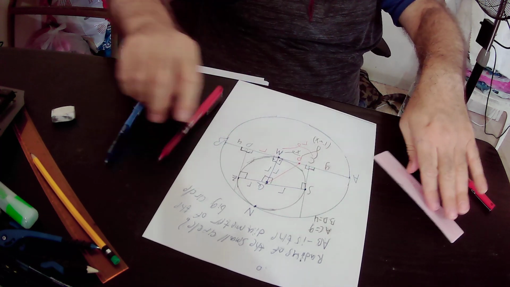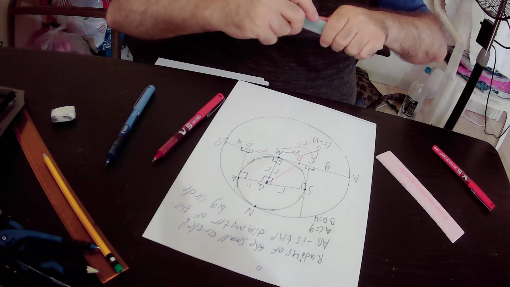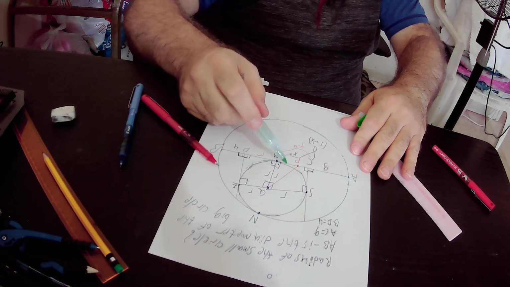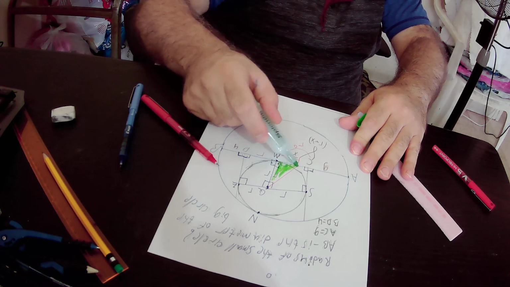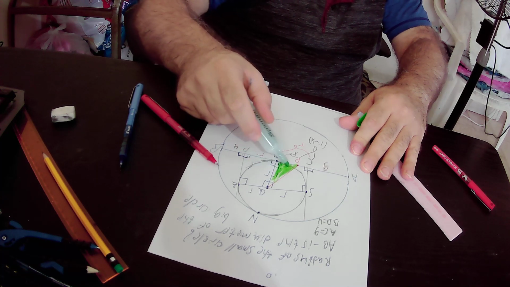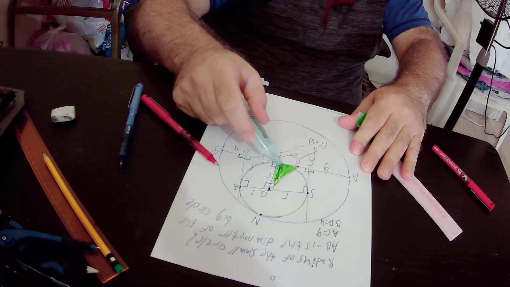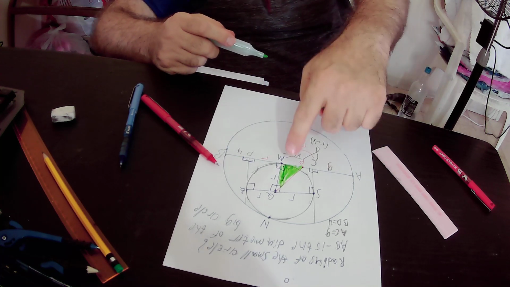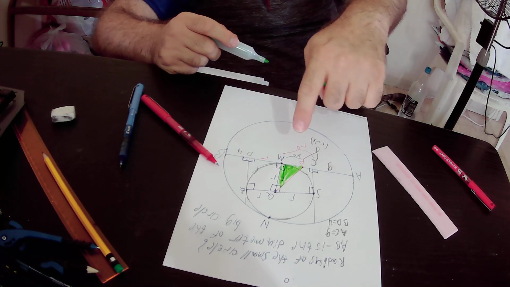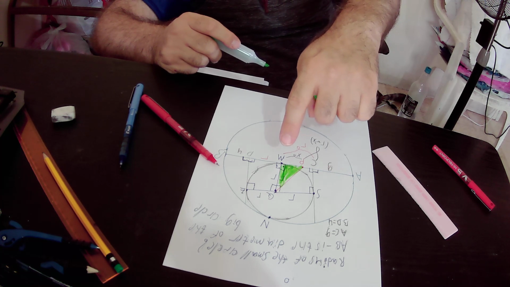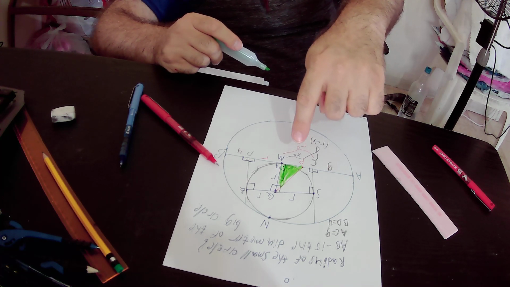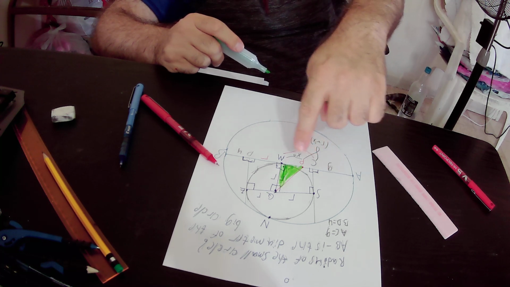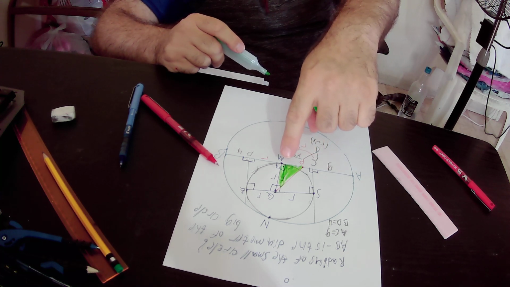Actually, P and Q, the triangle in the green color, is the right triangle, because this angle is a right angle. We have already found out that the radius is perpendicular to the tangent. So this is a right angle.